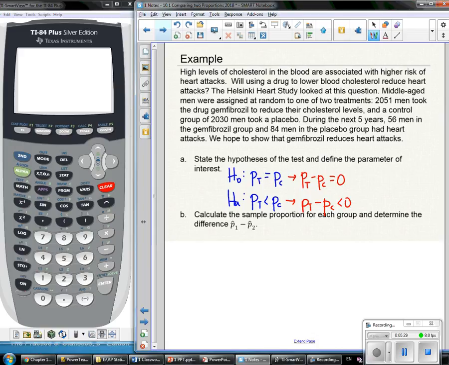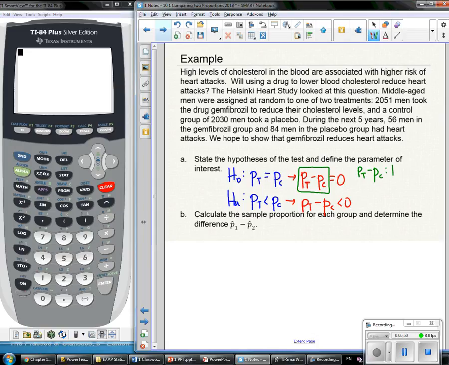The last thing we need to do when we're stating our hypotheses is define the parameter of interest. Like I said, it's important that we think of it as one random variable. My new random variable is going to look like this: P sub t minus P sub c. And I need to make sure that the audience understands what I'm doing.